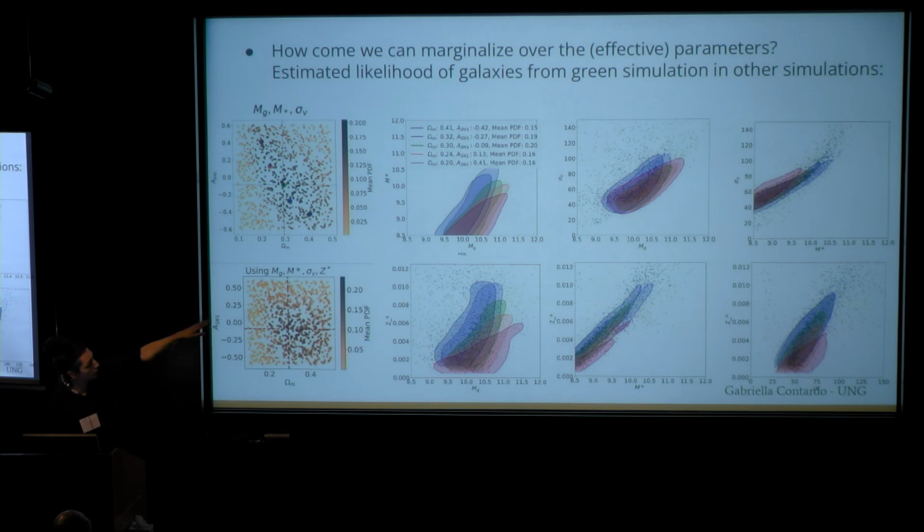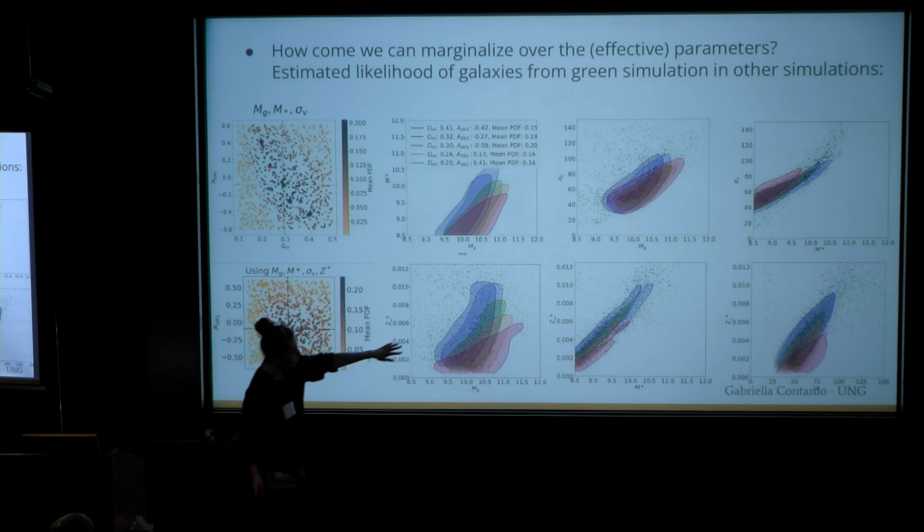This means that the green distribution is still covered by the blue and the red distributions. If I start adding features, like the metallicity, I start breaking this degeneracy; those ones are not likely anymore. You can see in those plots that the green distribution here is not covered by the red one.